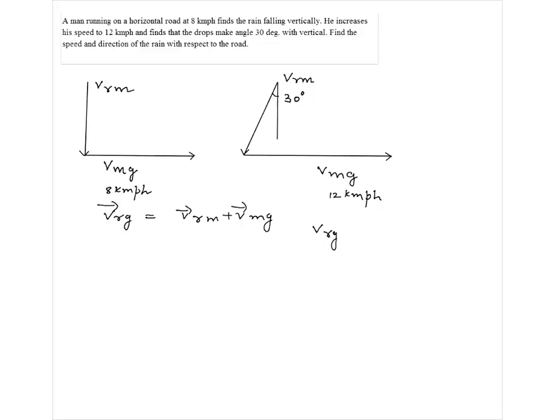So when two vectors are equal, their components are also equal. Concentrate on the left side case. VMG, VRM.